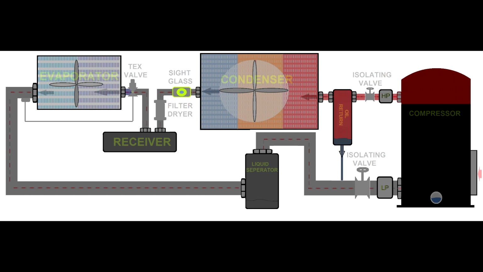What does subcooling mean? The refrigerant has to leave the condenser at 8 degrees less than the temperature necessary to liquefy. Then the refrigerant goes into the receiver and it reaches the TEV, the thermostatic expansion valve. The thermostatic expansion valve restricts the refrigerant and controls the superheat.